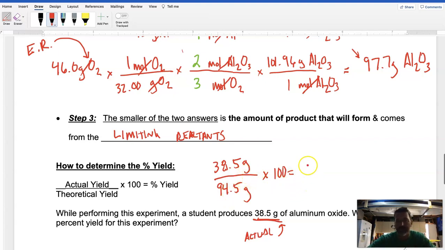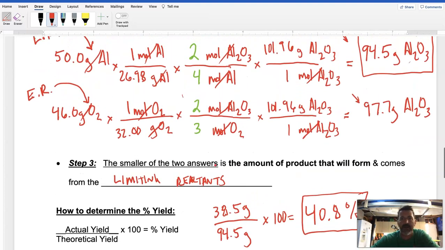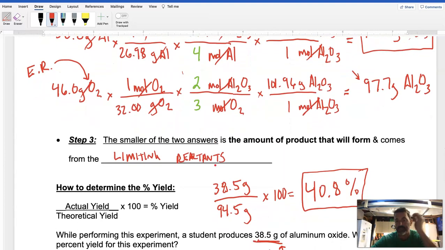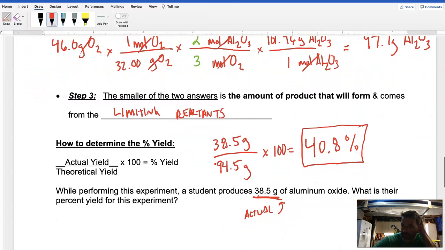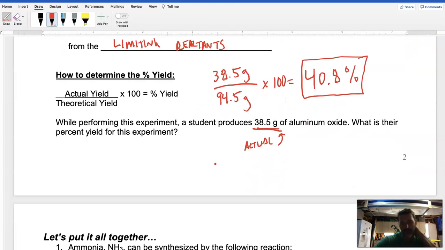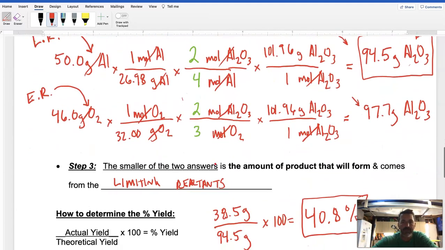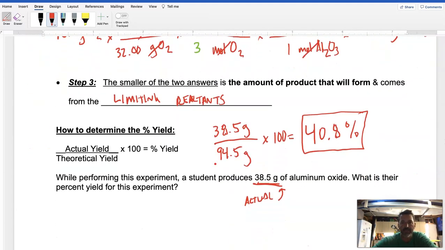But if you calculate this, you should end up with 40.8% yield. That is a horrible percent yield, and you will be fired if your job is just to make aluminum oxide all day long, and that's how much you actually make. That would be bad. You want to shoot for about 90% yield. That's considered pretty successful. Okay, so we got theoretical yield and our actual yield.